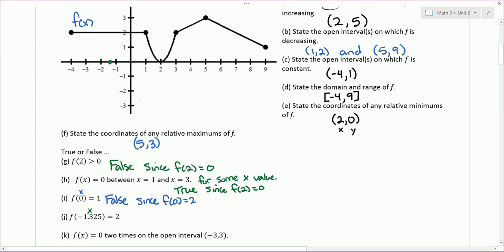Now look up at your function. There's my function value. If x is negative 1.325, my y value at that point, you can see the height is 2. So that's a true statement. If I plug in negative 1.325, I do get a height of 2, or a y value of 2.